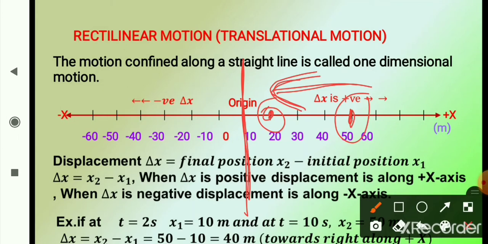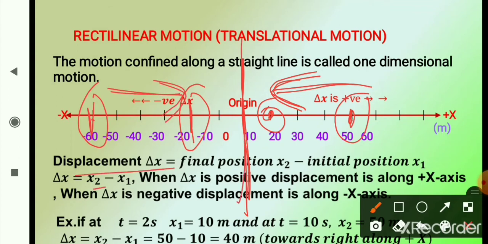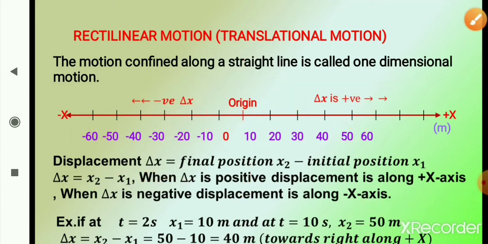So this is a negative displacement. बिल्कुल ऐसे ही सपोजिंग कि आपने -60 पे स्टार्ट किया और आप -60 से -20 पे पहुंच गए। तो यहाँ से स्टार्ट करके अगर आप इधर जा रहे हैं, आप पूरे टाइम नेगेटिव साइड में हैं, फिर भी आपका डिस्प्लेसमेंट पॉजिटिव है, क्योंकि ये डायरेक्शन है प्लस एक्सिस की डायरेक्शन। So that you should understand. OK, now let us take some graphs to study motion.